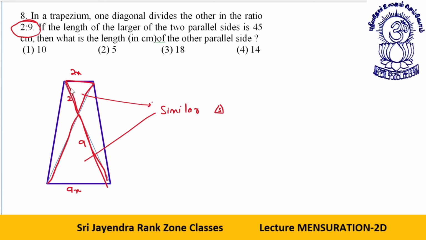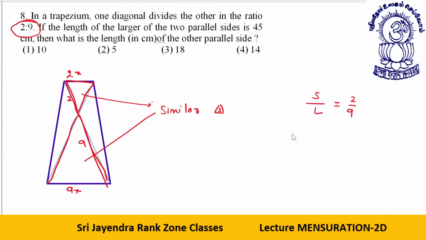Now what we have is, when this ratio is 2 is to 9, let's say this is 2x by 9x. The larger of the two parallel sides is 45, the smaller side is s. S by L is equal to 2 by 9 based on this ratio.